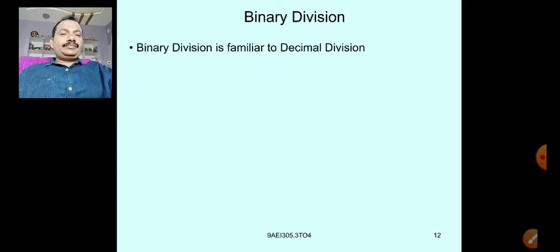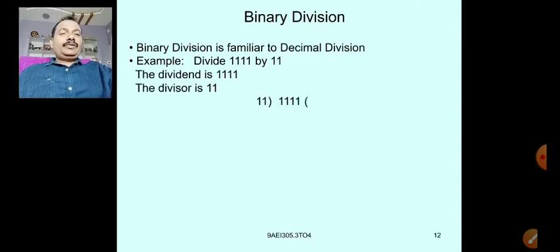Binary division. It is similar to the decimal division. Example, divide 1111 by 11. The divisor is 11. The dividend is 1111. You divide. 1 times 11 gives 11, and subtract, you will get 01.